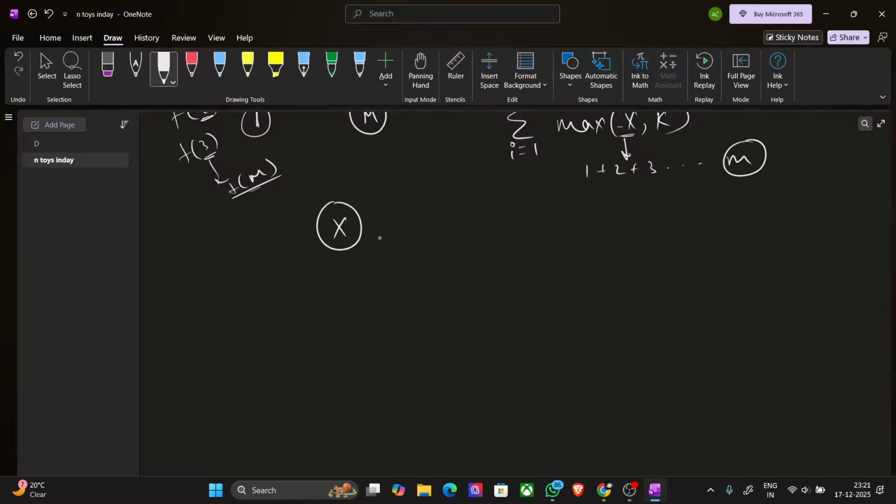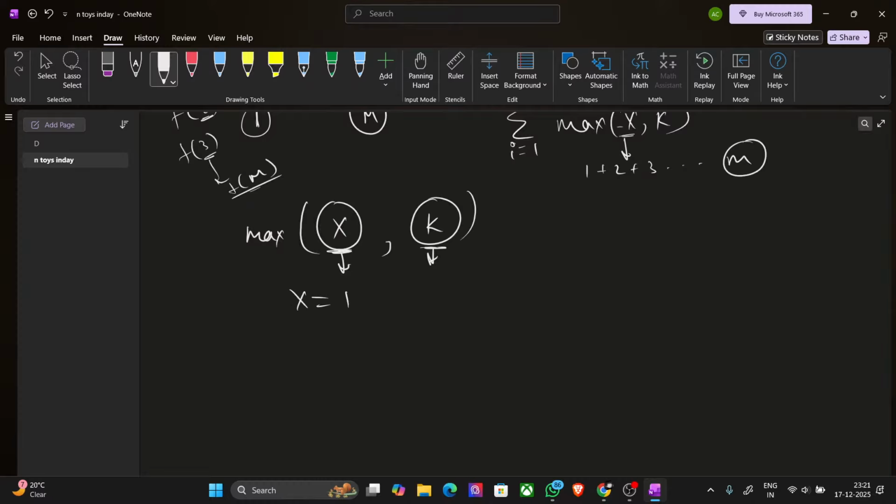For x to be greater than or equal to k, or sorry, when taking the maximum of x with k, we can state that for x to be the answer, it should exceed k. So how many times will it occur?